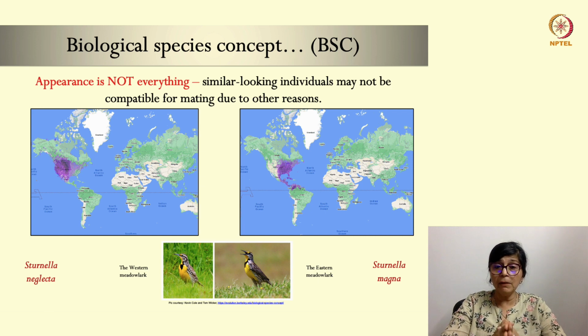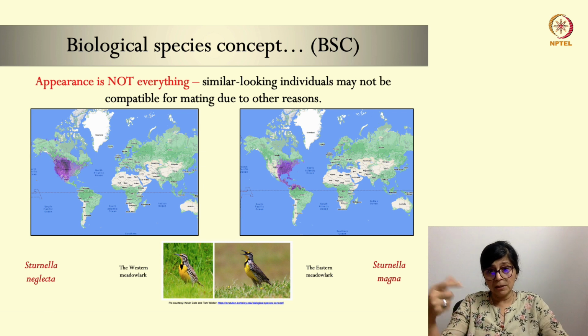When we say isolation, it's not only geographic isolation, it is reproductive isolation. Even within the same area, although we will also talk about this case study in the next section of the lecture, which is speciation, here let's think about it.